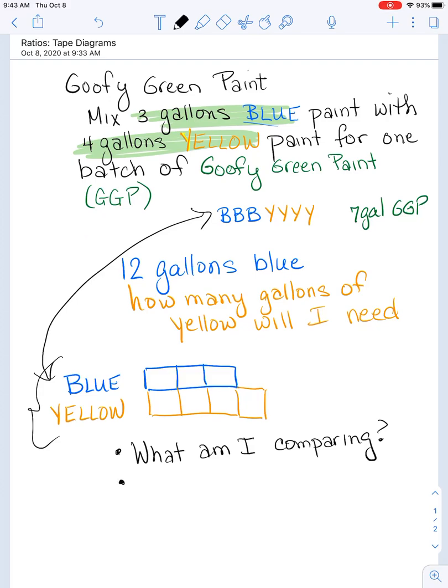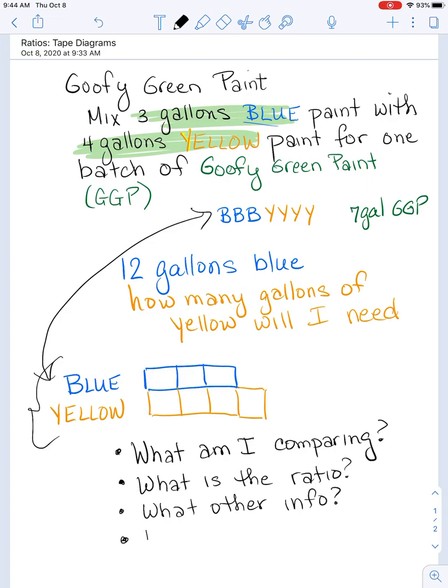And the next thing is, what is the ratio? The next question is, what other information do I have? And the last thing is, what am I looking for?